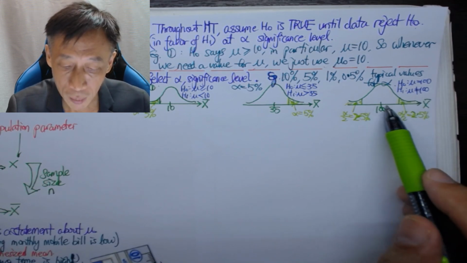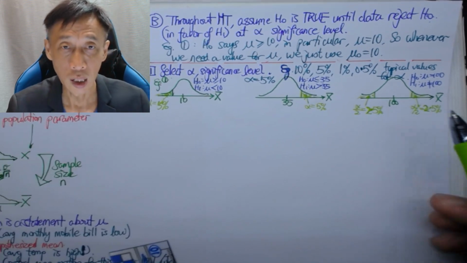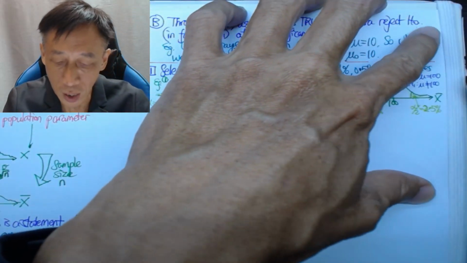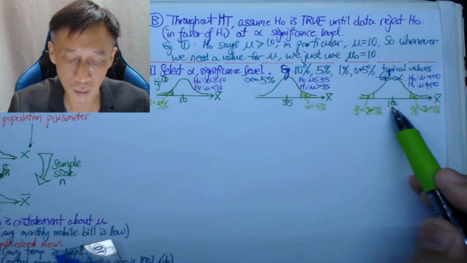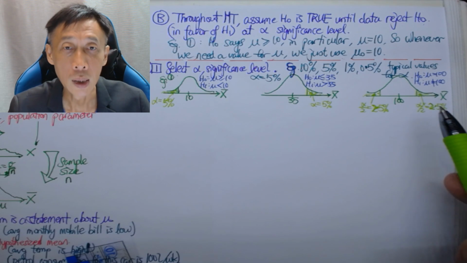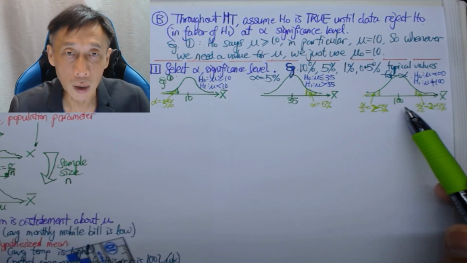What about here in between? Well, that's the statistical noise that we can accept as random fluctuations without invalidating the conclusion that mu is equal to 100.